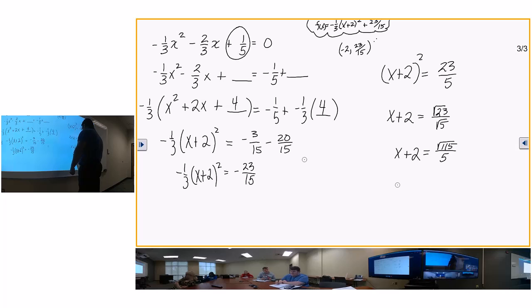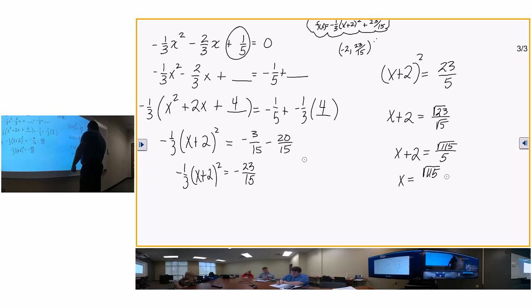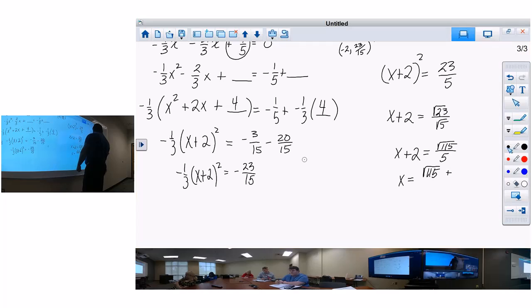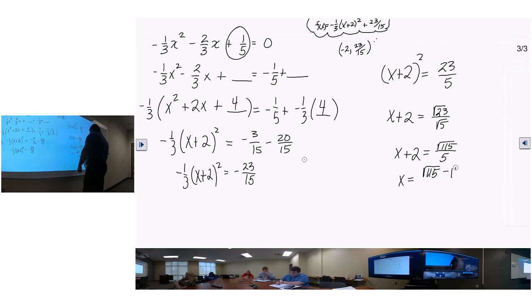So that's going to be x is equal to the square root of 115 minus 10 over 5.